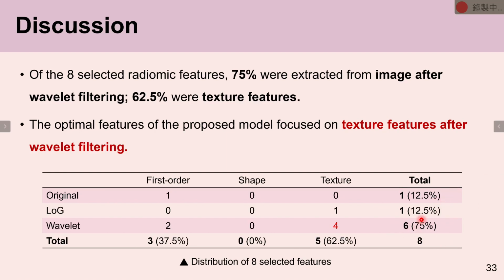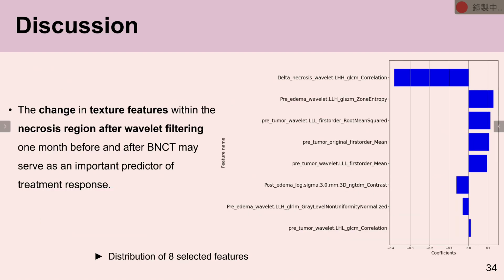So texture features after wavelet filtering may be the crucial predictor for predicting BNCT treatment response. And according to Lasso coefficient results, the delta texture features in the necrosis region after wavelet filtering may be an important predictor for treatment response.